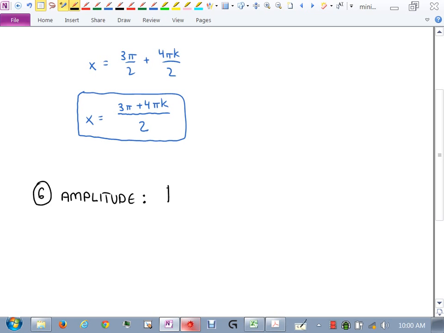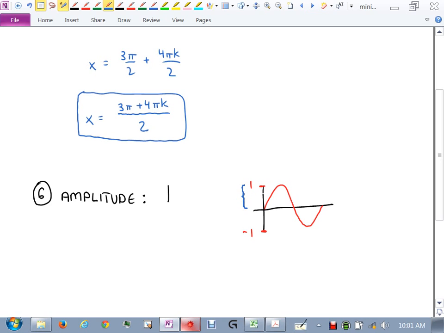And the way we look at amplitude for sine, it goes between 1 and -1, like this. It's this distance right here. Ooh, that's supposed to be a brace. It's that distance right there.